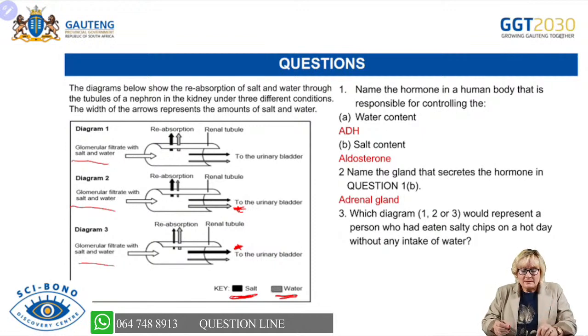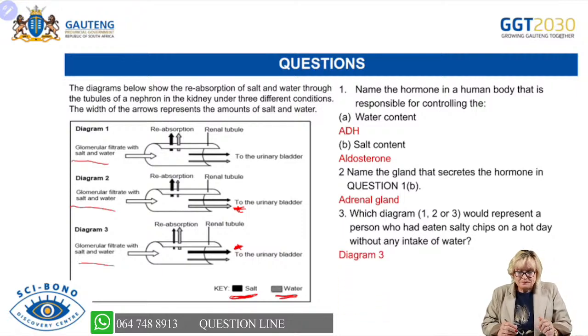So if we look at the diagrams, we will look for one where the salt content of the urine is actually a lot. It seems to me like diagram number 3, where there is more salt than water in the urinary bladder, and the answer then is diagram 3.